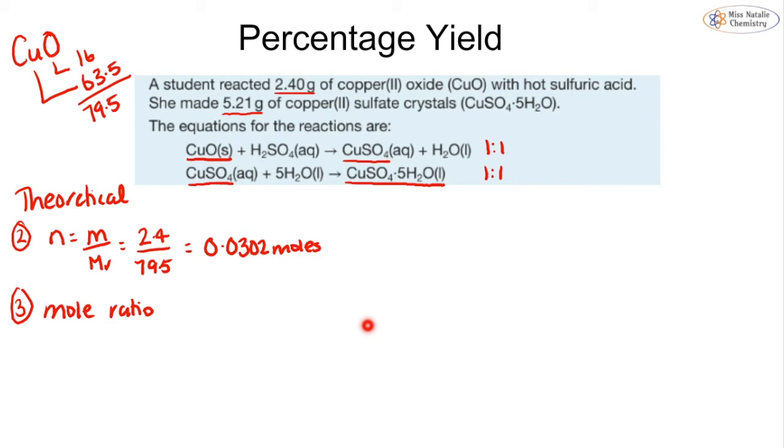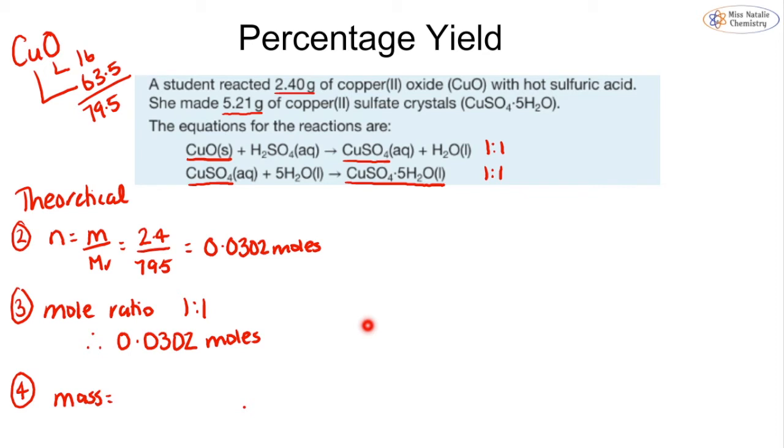That means 1 mole of copper oxide will give me 1 mole of the hydrated copper sulfate. So my mole ratio is 1-to-1. Therefore, I have 0.0302 moles of my CuSO4.5H2O.